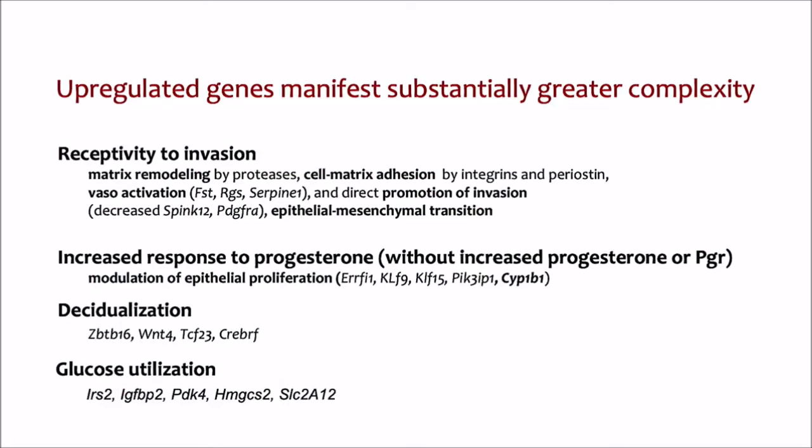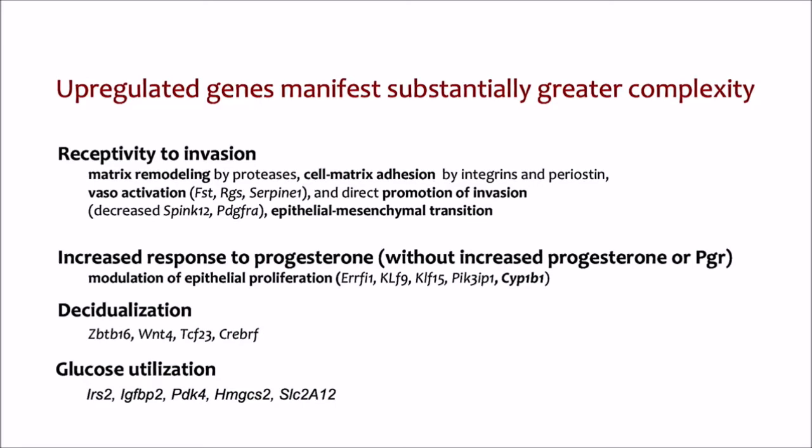So these are just some of the processes that are upregulated. You see, upregulation is a little bit more complex than the downregulation. Matrix remodeling, cell matrix adhesion, all of these are processes that normally happen at this time, but are upregulated even further.